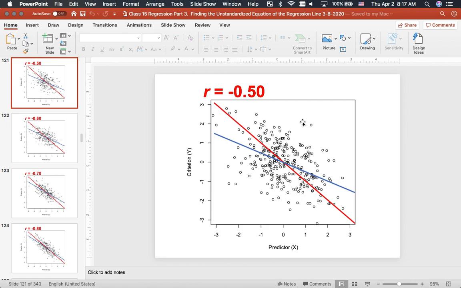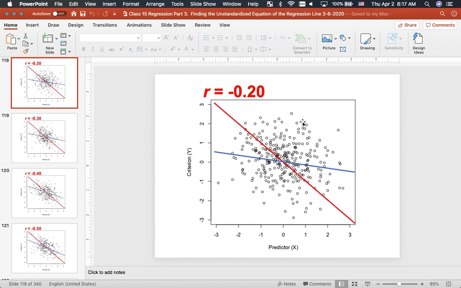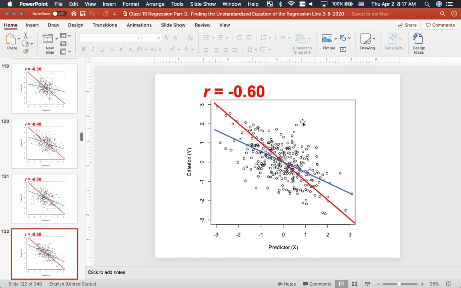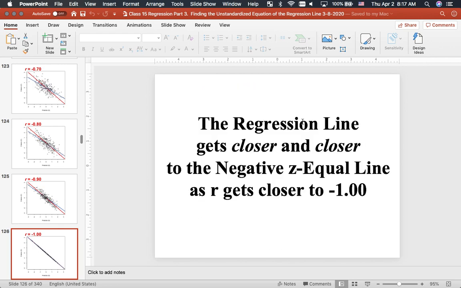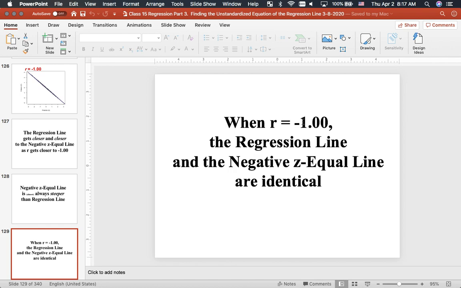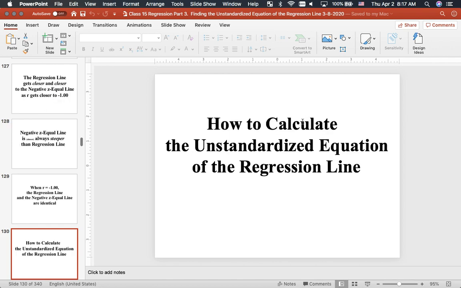But that negative z equals line is almost always steeper than our regression line. Okay, so just like I said before, the negative z equals line is almost always steeper than the regression line. Only when r equals -1 are the regression line and the negative z equals line identical.